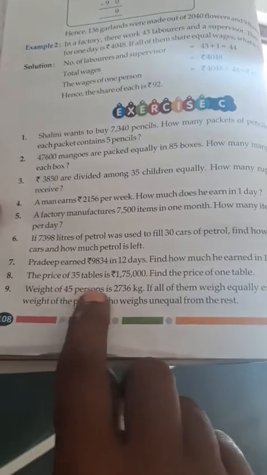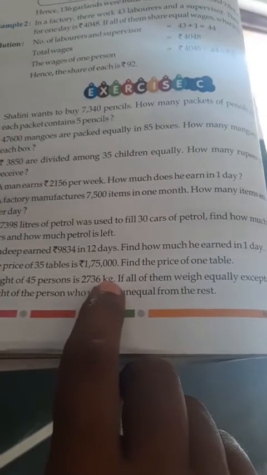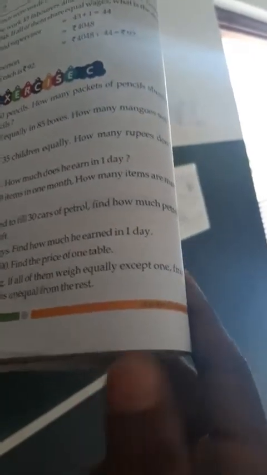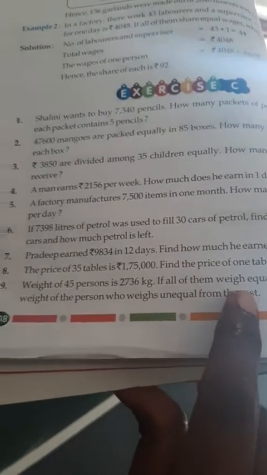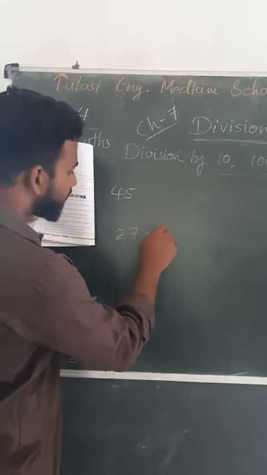The weight of 45 persons in total is 2,736 kg. If all of them weigh equally except one, find the extra weight of the person who weighs unequal from the rest. It means 45 persons are there, and their total weight is 2,736 kg.